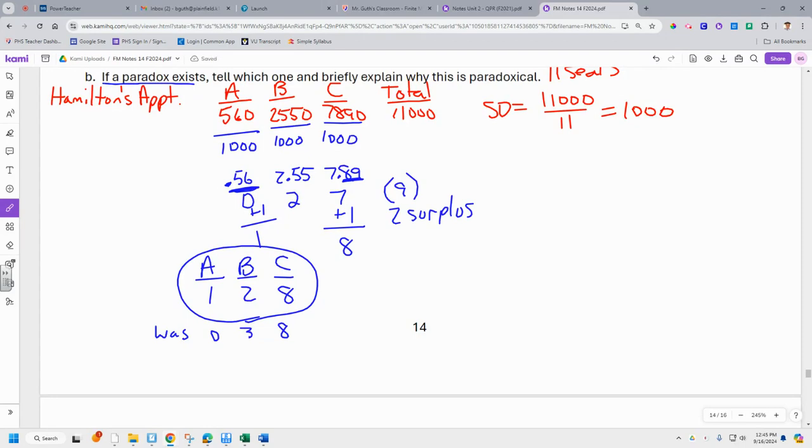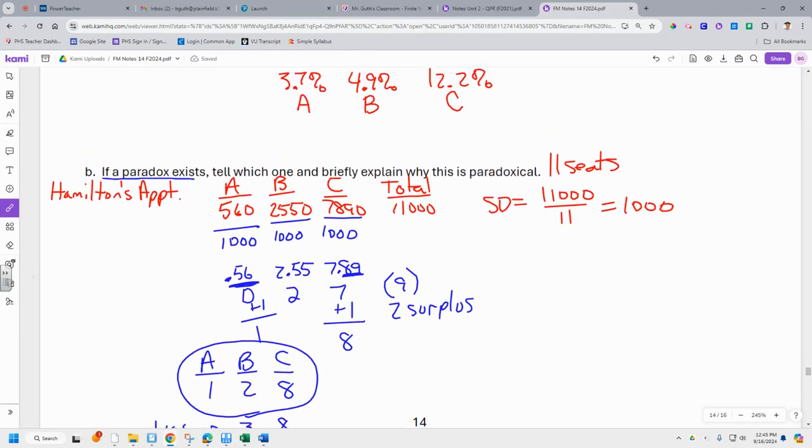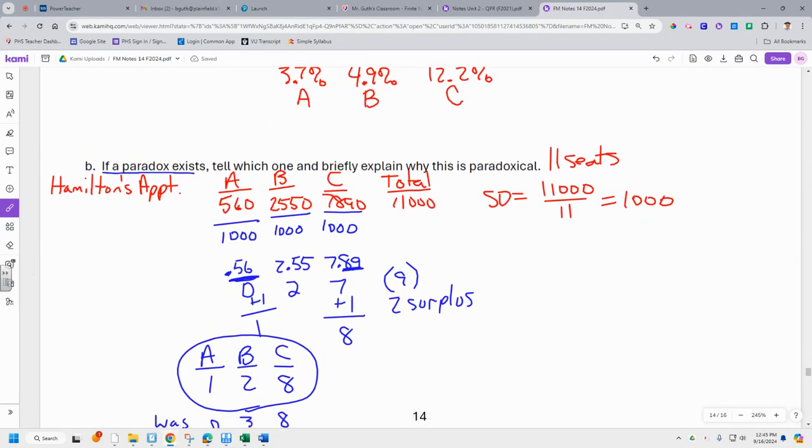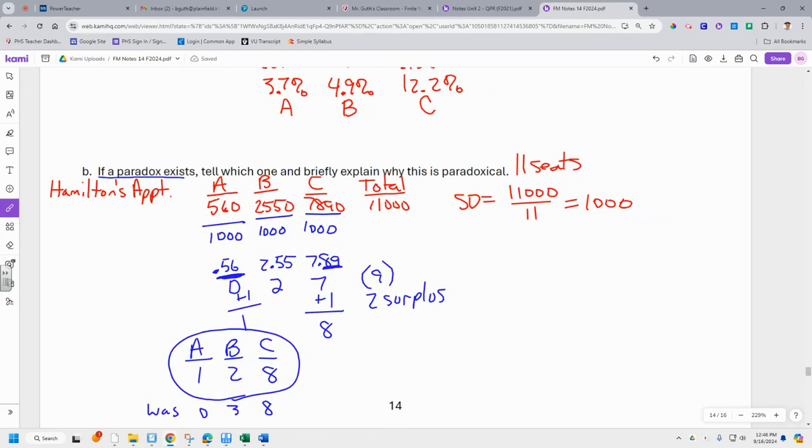Okay, so what does that mean? A now has 1 instead of 0. B has 2 instead of 3. If you notice, B lost 1. B had 3, now they have 2. B lost 1, but A gained 1.